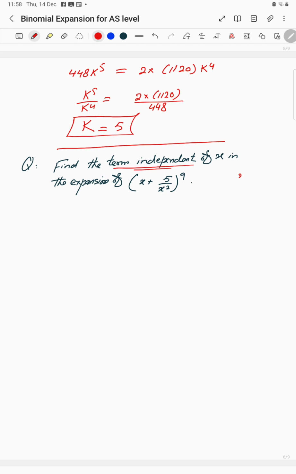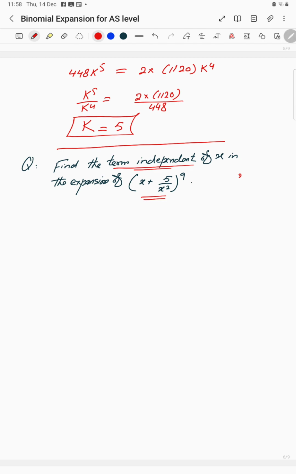It is a term that, when simplified, doesn't involve x. So we need to stop where we can't write any expansion which involves x. Term independent of x means the term which doesn't involve x.